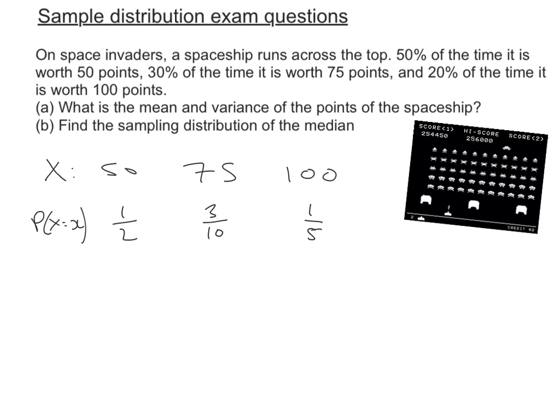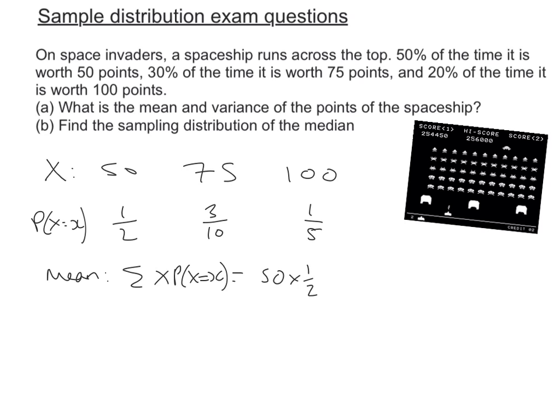Now, to find the mean, we need to do the sum of x times the probability of x. So let's do that. Well, x here is 50 and the probability of x is a half, so we need to do 50 times a half.